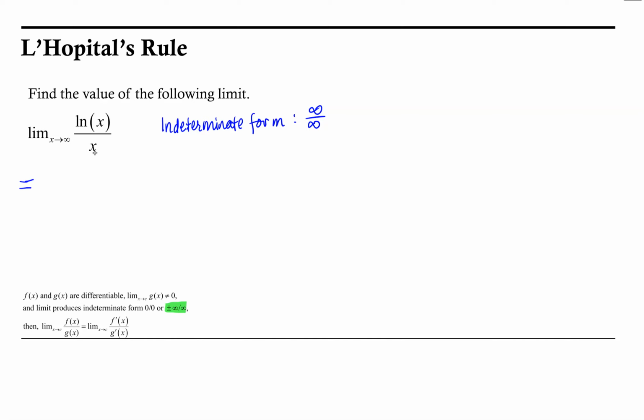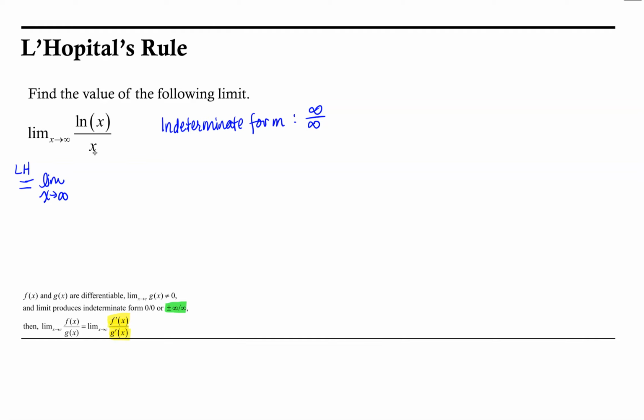Again, we must warn the reader that what follows is the result of applying L'Hopital's rule. And so we'll have the limit as x approaches infinity. And keep in mind that this is not the quotient rule, this is different. We want the ratio of the derivative of the numerator to the derivative of the denominator.